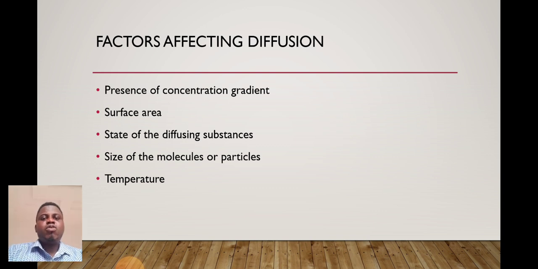Substances that are smaller in size will diffuse faster than larger ones. Then we also have temperature. An increase in temperature will increase the rate of diffusion.